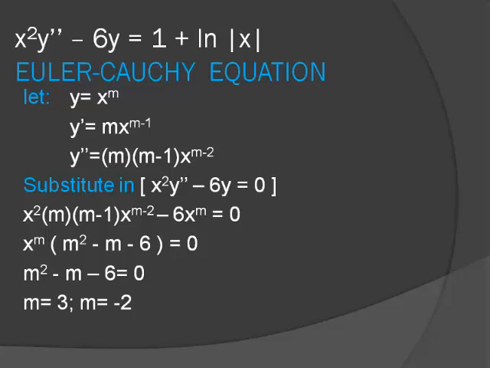Since m is equal to 3 and negative 2, we have our case 1. So therefore we have y1, which is equal to x to the 3, and y2 is equal to x to the negative 2, and we have our yc, which is equal to c1 x to the power of 3 plus c2 x to the negative 2.